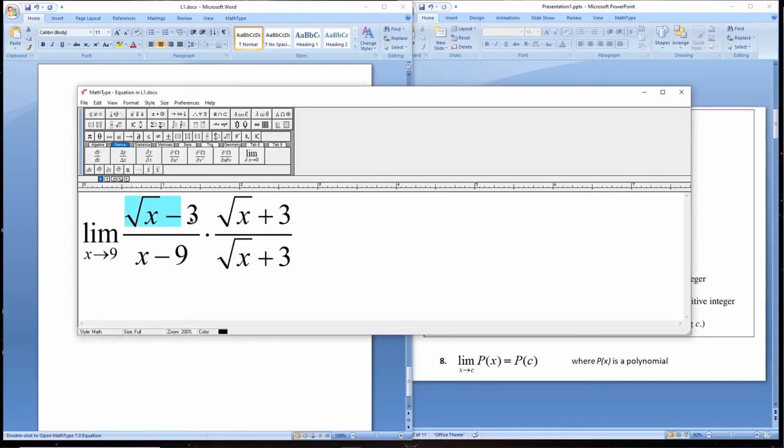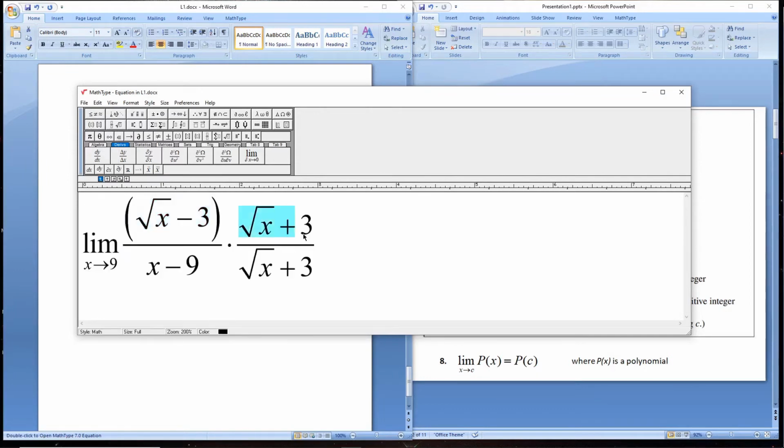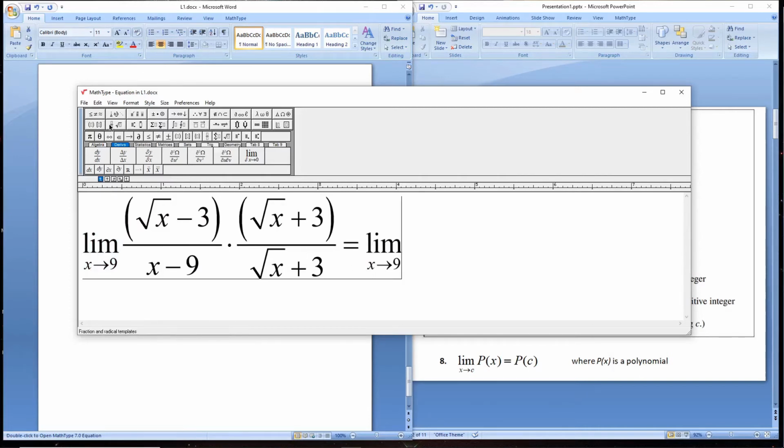So we do need to multiply these together now, and I'm just going to put some parentheses around here real quick so you can think of distribution or FOIL or something. So let's look at that numerator. Square root of x times square root of x is x.